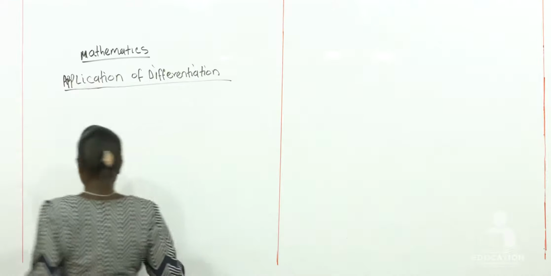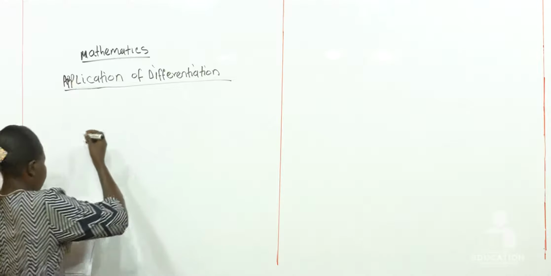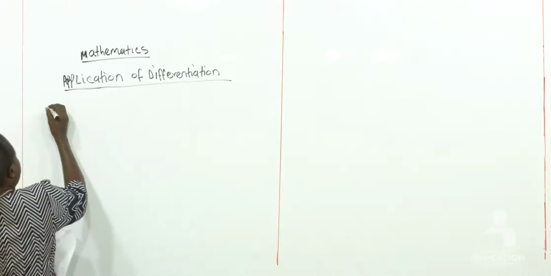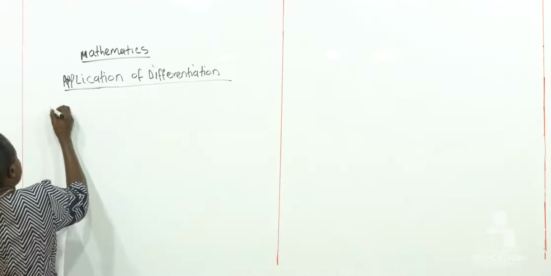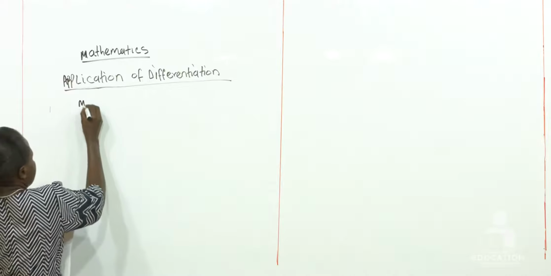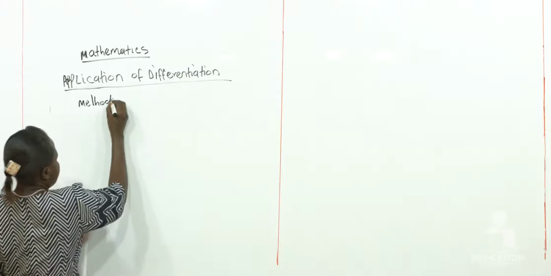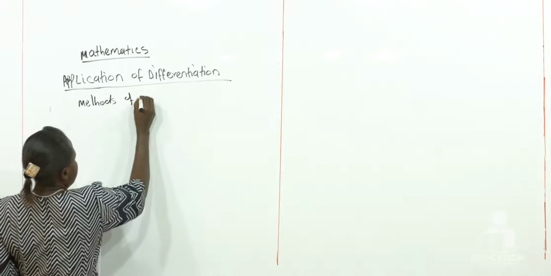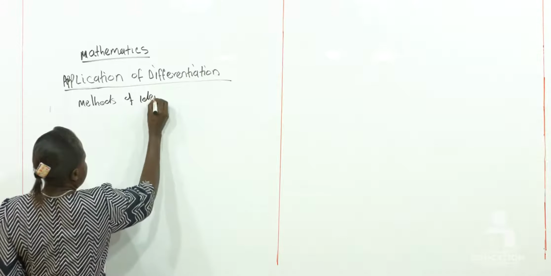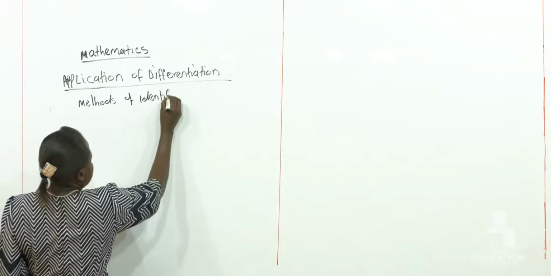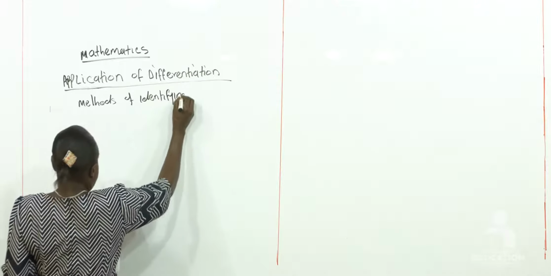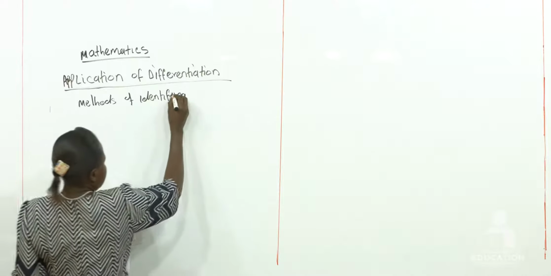And we stopped at part A, Roman 1, which is methods of identifying the stationary points.